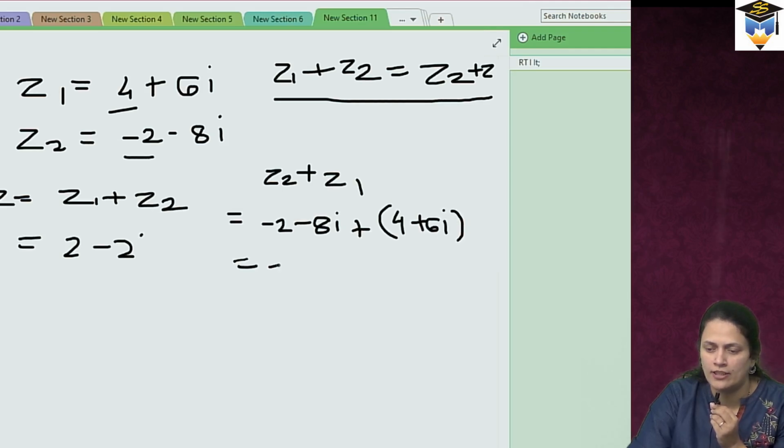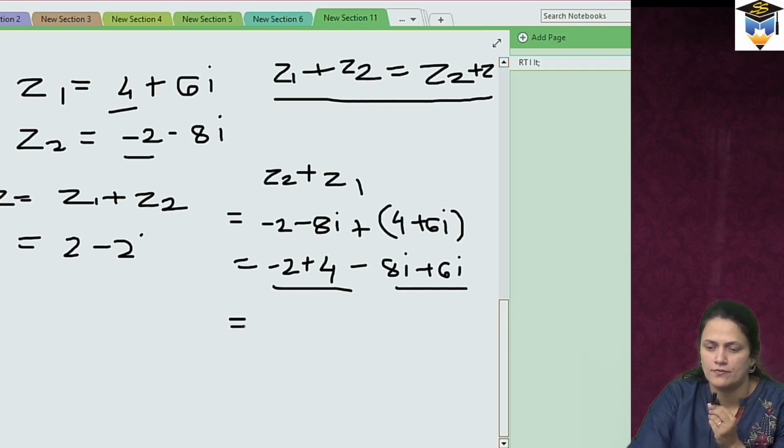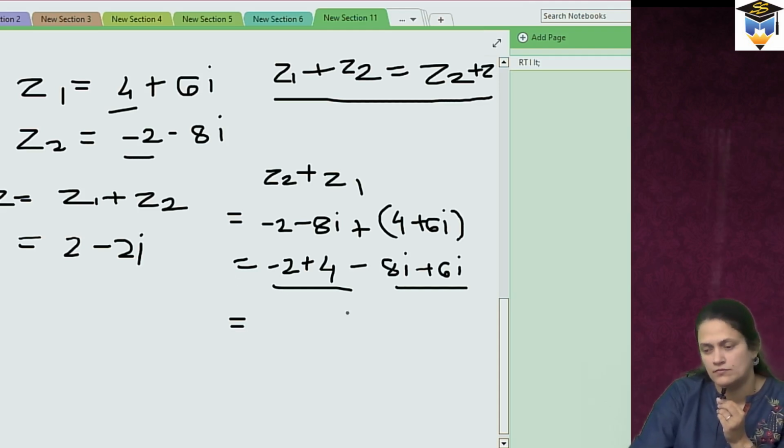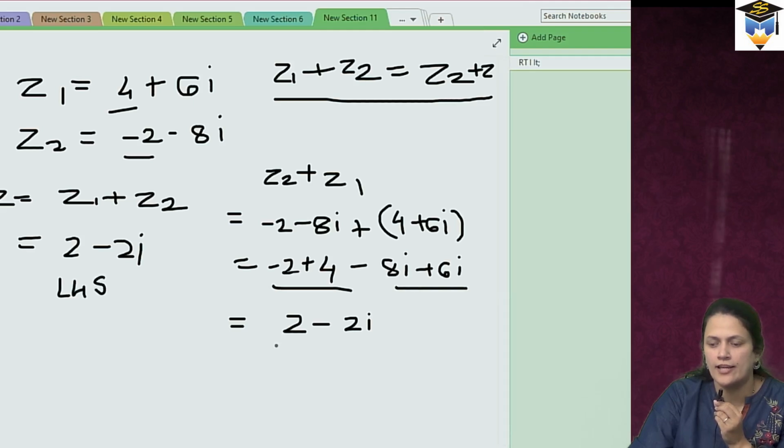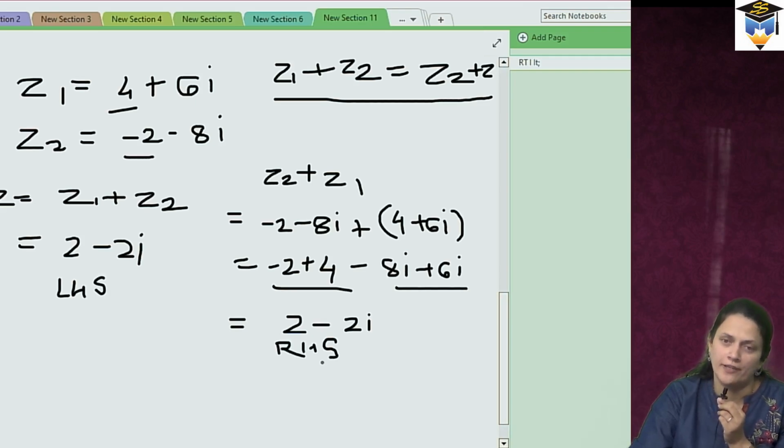So take the real parts together, then the imaginary parts together, and then solve. So this is our LHS, this is our RHS. Both are equal, so the first property is verified. Understood?